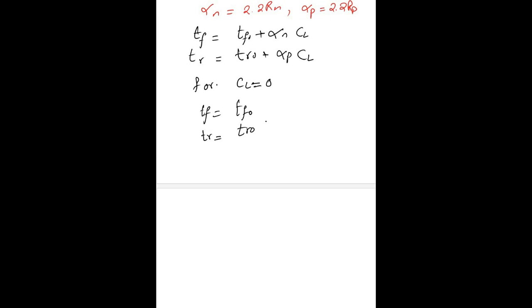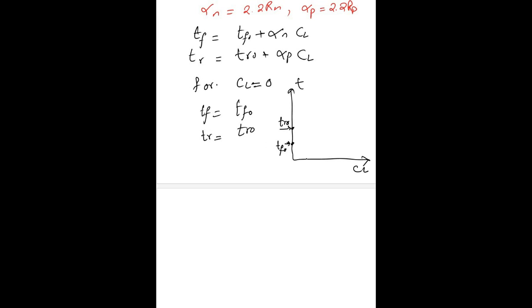If we want to plot it, at 0 load, this point represents TF naught and this point represents TR naught. I forgot to mention, here we have CL and here we have time.